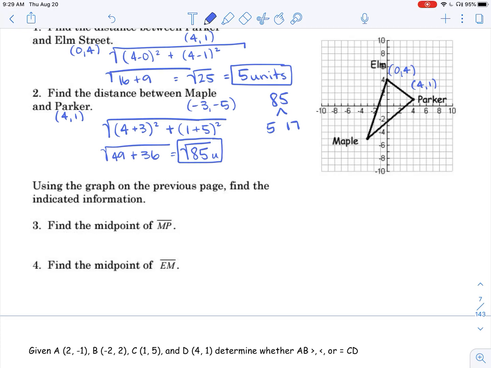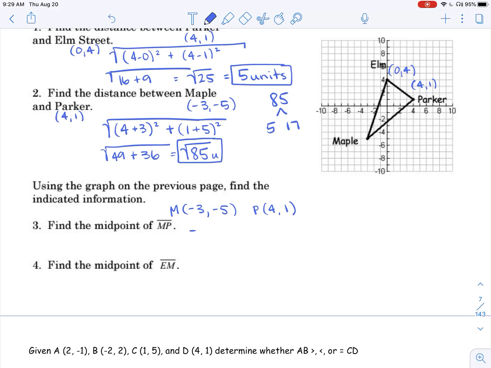So now we're going to find the midpoint of these things. Remember, it's the average of the x's, comma, average of the y's. So if I want the midpoint of MP, that's from Maple, which is -3, -5, and Parker at 4, 1. So if I average numbers together, I'm going to add them. And in this case, again, it doesn't really matter what order you add them in, because addition is commutative, meaning that no matter what order you add the numbers in, you always end up with the same answer.